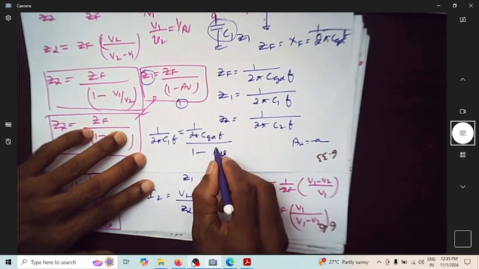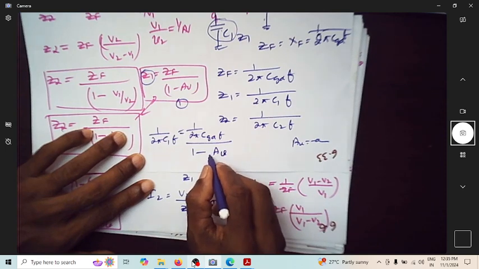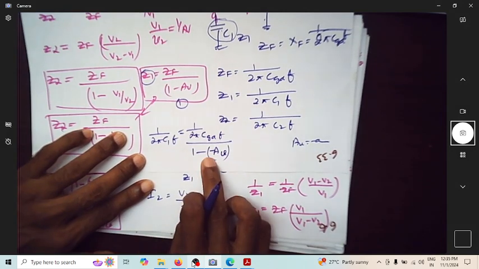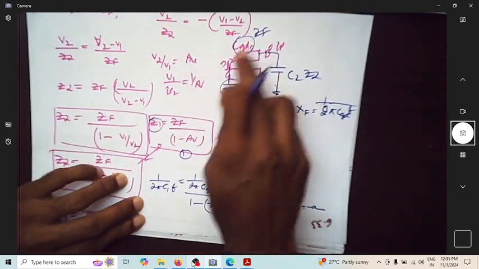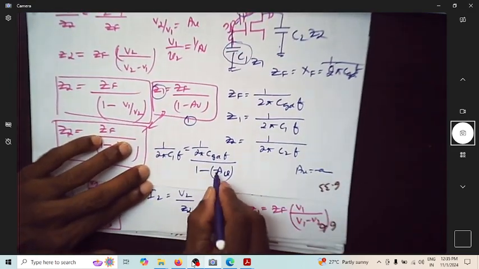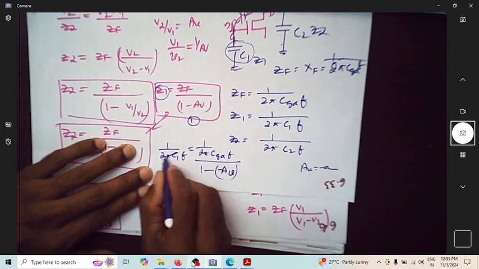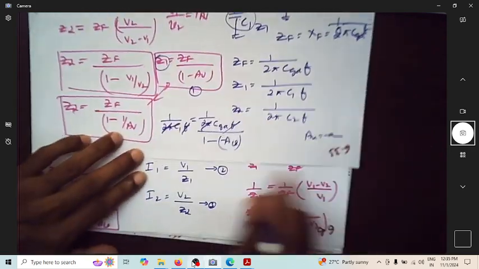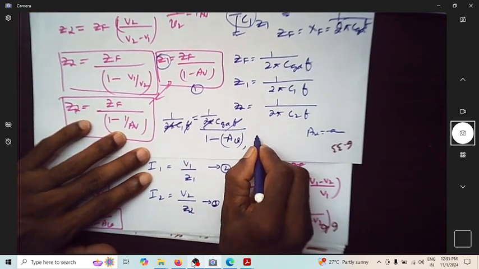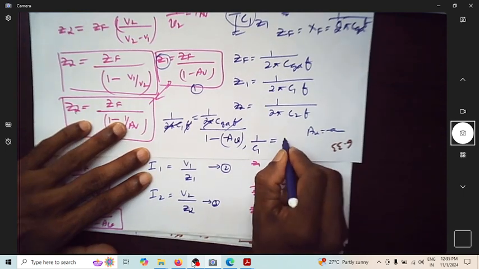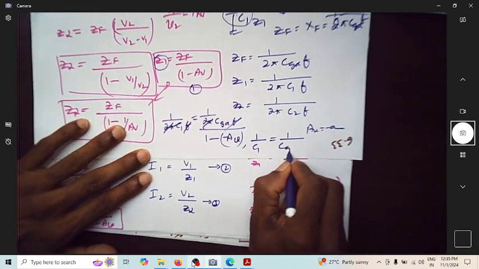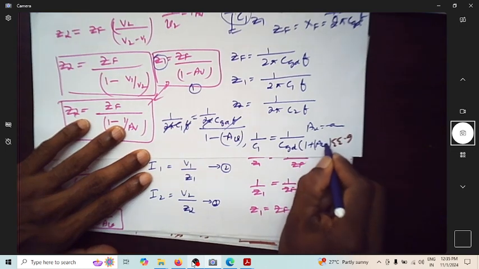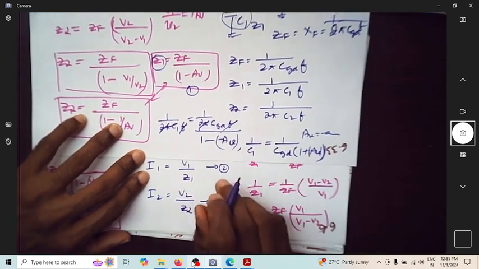So now if you substitute the gain of the amplifier, is it not minus of AV what you have? Why is it minus of AV? The actual gain of the amplifier, which is V0 by Vin, is actually minus GM into RD. So does this 2 pi and F go off here? So what do you have now? Don't you have now 1 over C1 is equal to 1 over CGD into 1 plus AV. So this is AV magnitude, which is GM into RD.